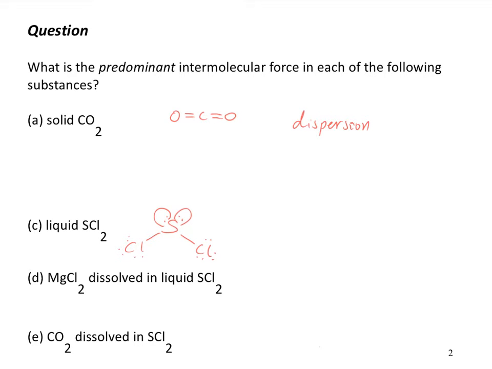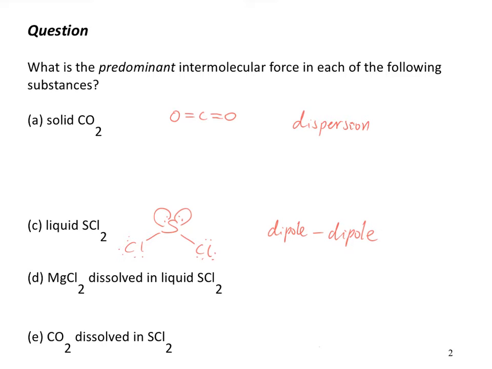Our first question is, do we have ions? No, we don't have ions. But do we have a dipole moment? Is this polar or nonpolar? Of course, this is a polar molecule. So there's no ion, and this is a polar molecule. Therefore, the predominant intermolecular forces should be dipole-dipole. Of course, there should be dispersion interactions among them as well, but that is much weaker than dipole-dipole interactions.